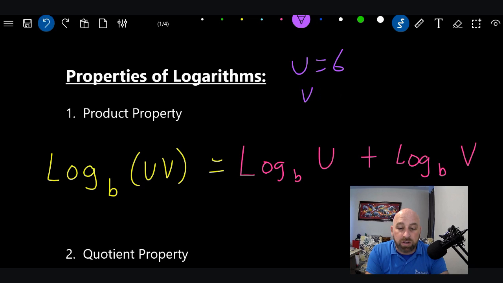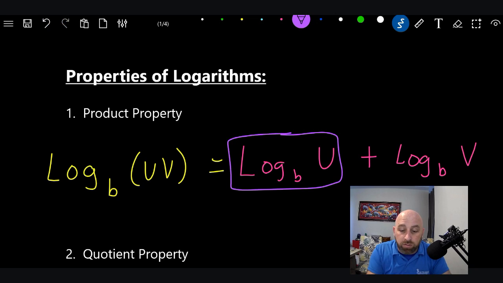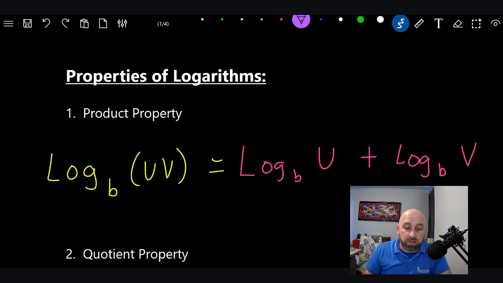What you have to do in your calculator to get the correct answer is log b of 6 plus log b of 7. So, that's the way that you have to solve this. We'll work through this some more as we keep going. But that's the product property.